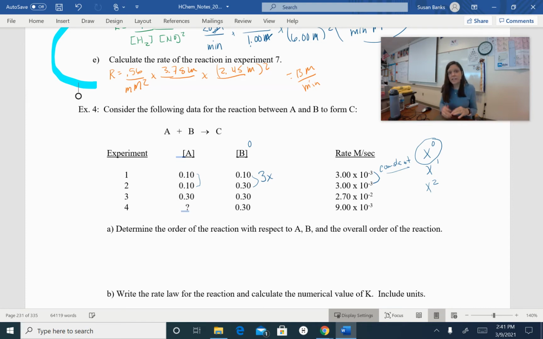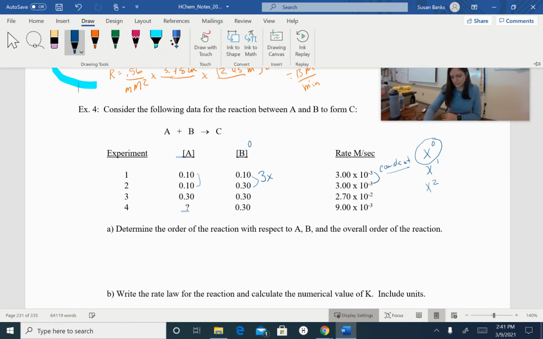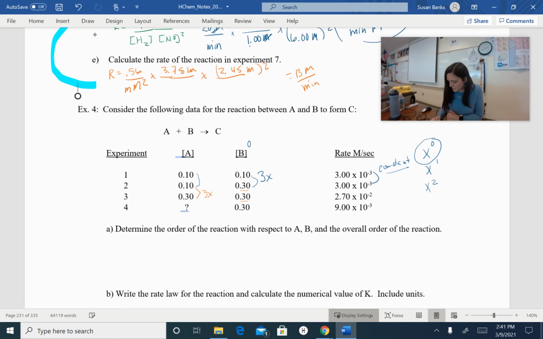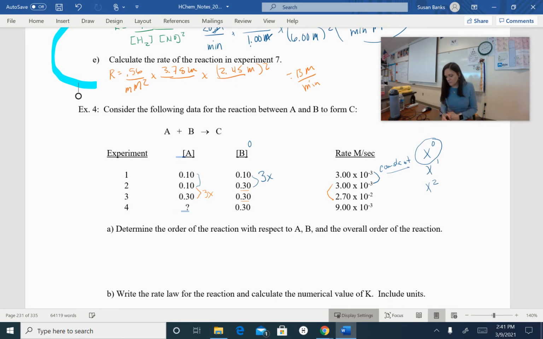Now we need to find two experiments where B is held constant and A is changing. So if I look at that, in trials 2 and 3, B is held constant, but A is going up 3 times. Okay, so what happens to our rate? Let's see.